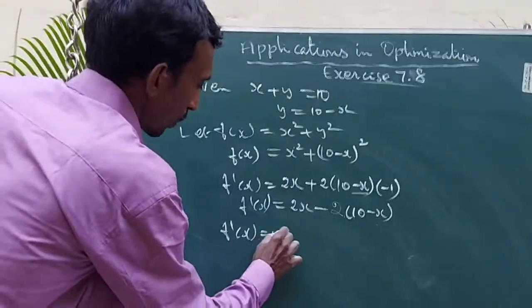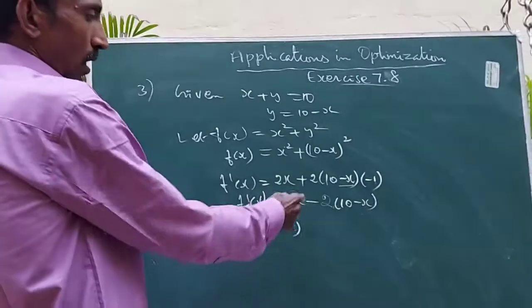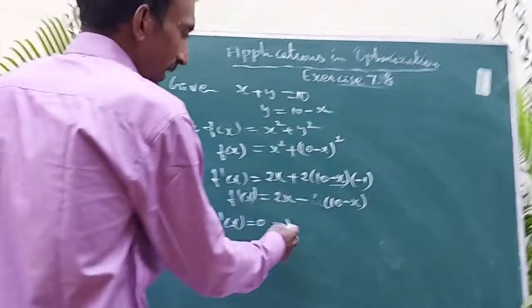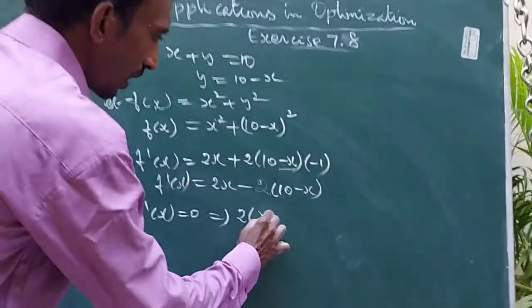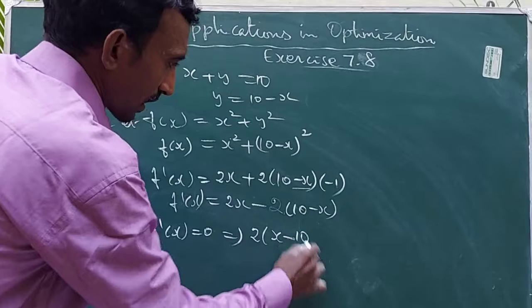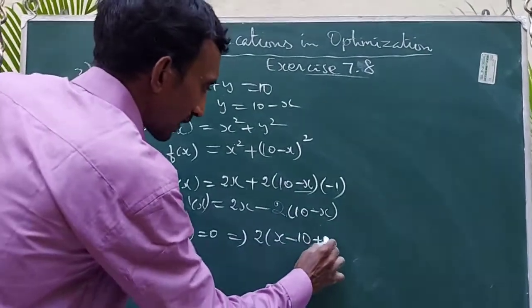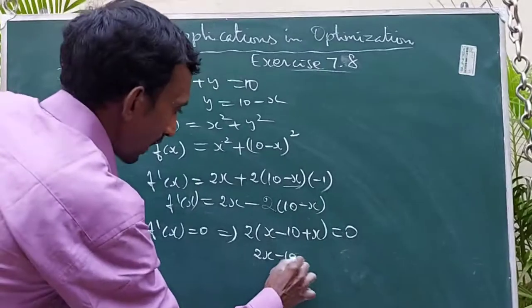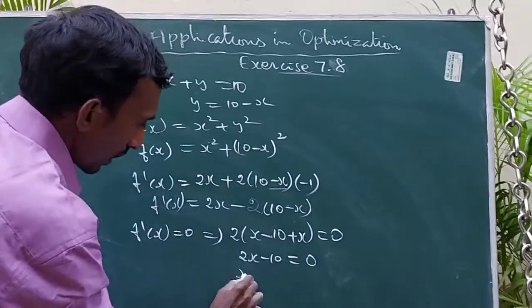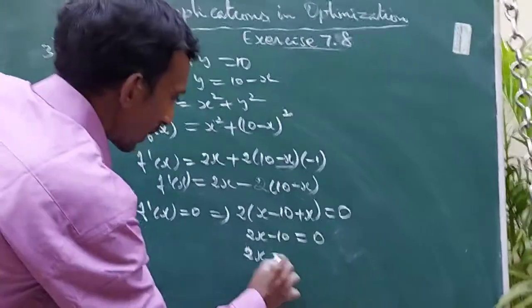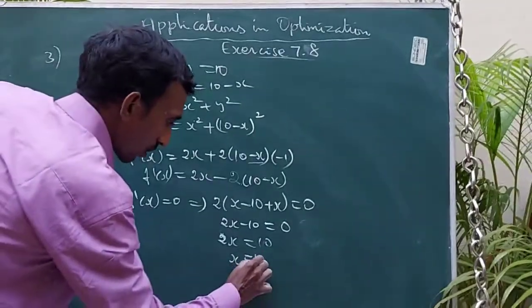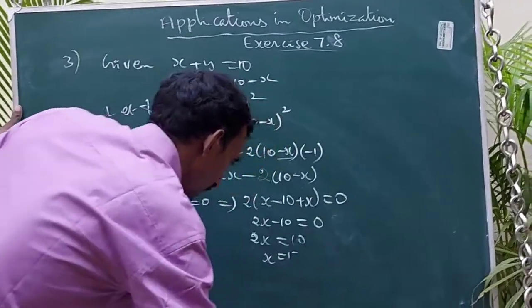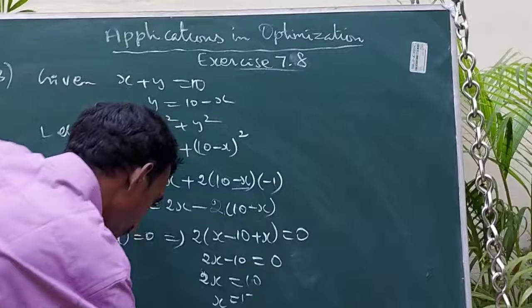F dash of x equal to 0, which implies we can take 2 as common, 2 into x minus 10 plus x equal to 0. So 2x minus 10 equal to 0, 2x equal to 10, so x equal to 5. So we are getting x equal to 5.